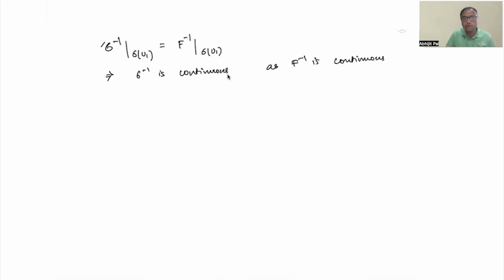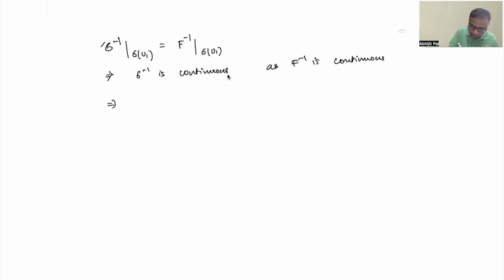Sigma inverse restricted to sigma of U1 is equal to F inverse on sigma U1. F inverse is a differentiable map, and in particular it is a continuous map. So therefore sigma inverse will be continuous. That is the thing we need.